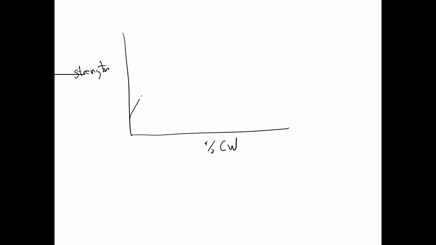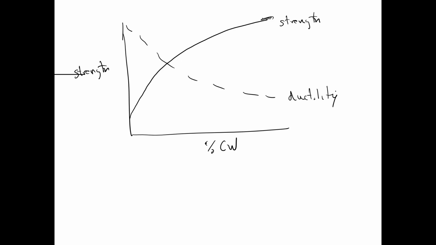The strength goes up like this, kind of levels off at a certain point. So here's our strength. And what happens to the ductility? Well, here we'll plot the ductility over here. The ductility goes down. The more we work it, the stronger it gets, but less ductile.